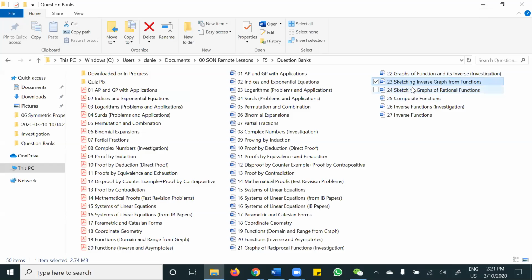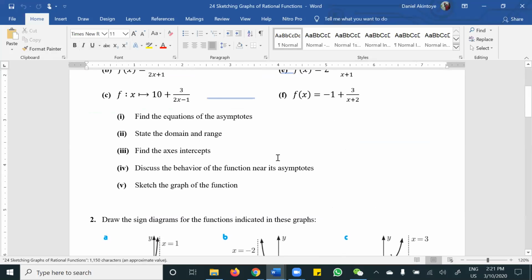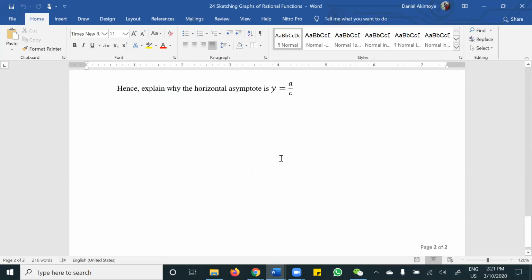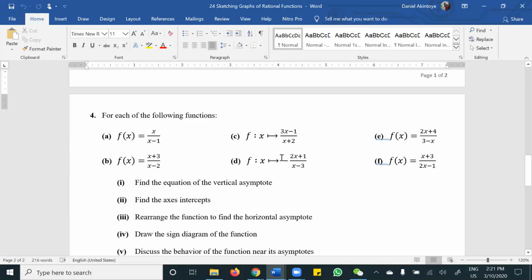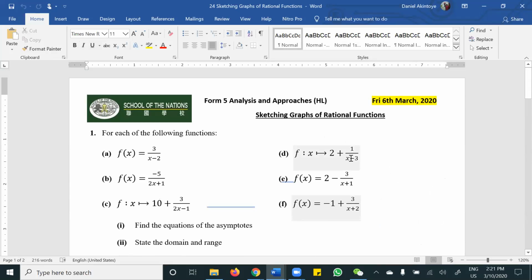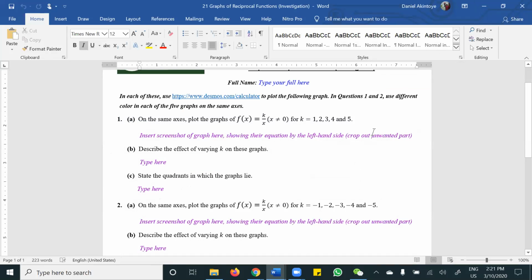This is what I'm going to send to you: sketching graphs of rational functions and composites. I think we should look at this for today. After that, I put 5 questions here. I'll select randomly which one we need to do later. So everybody, sketching graphs of rational functions. Let's write that on the board.